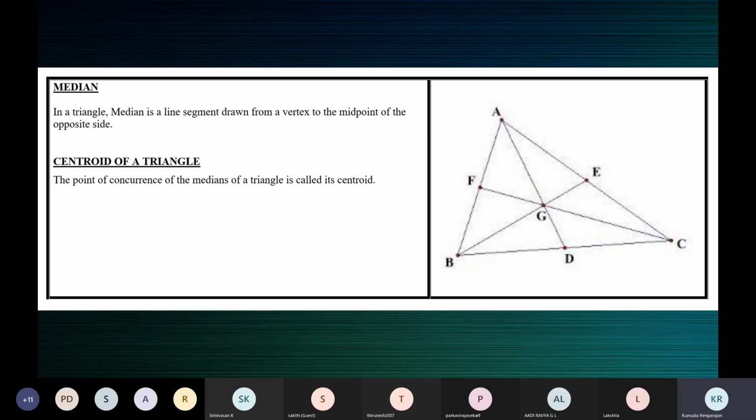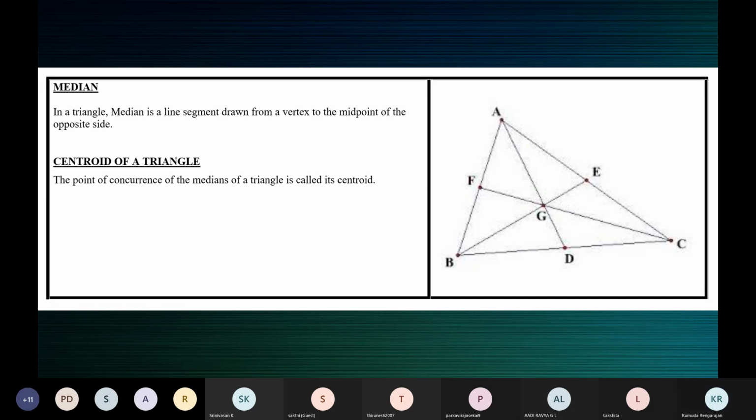So we have centroid, orthocenter, incenter, circumcenter. Centroid: point of concurrence of the medians. Orthocenter: point of concurrence of the altitudes.